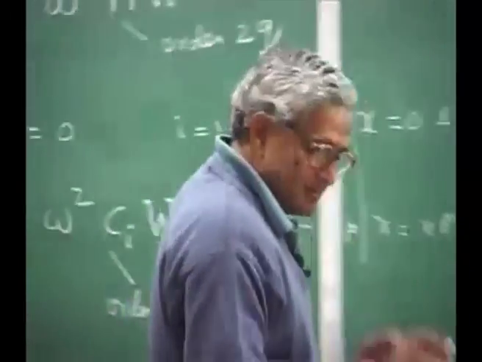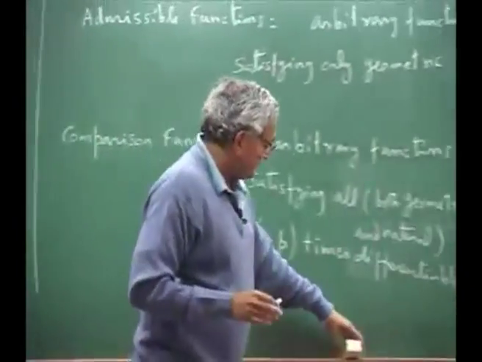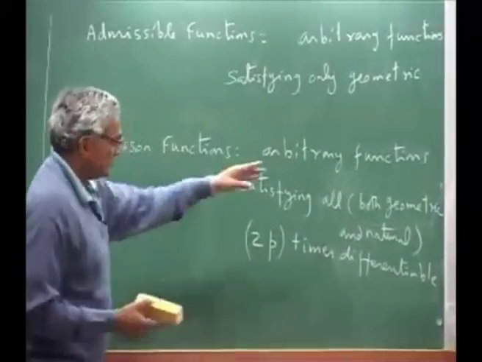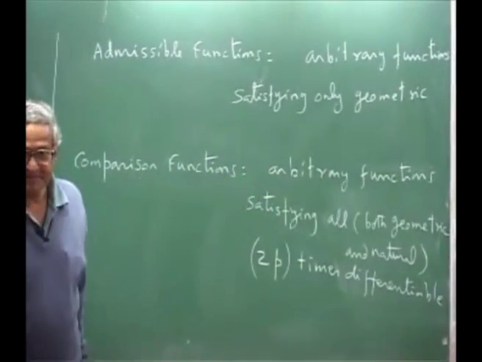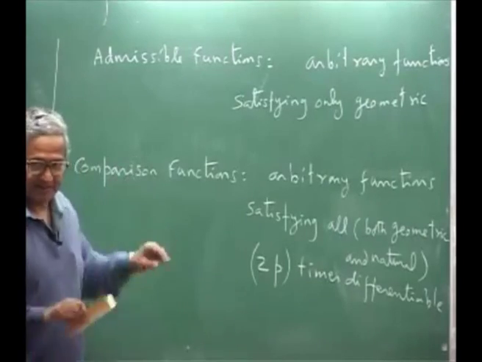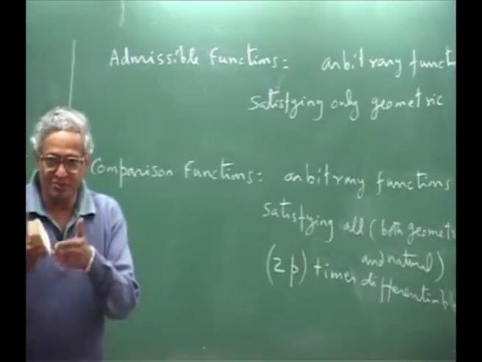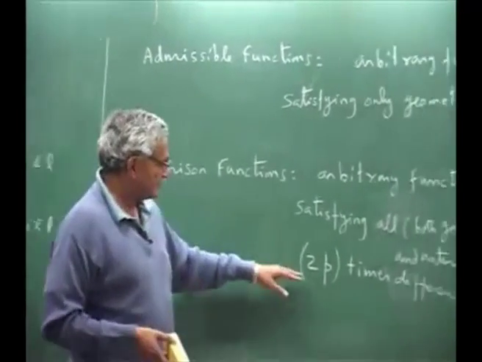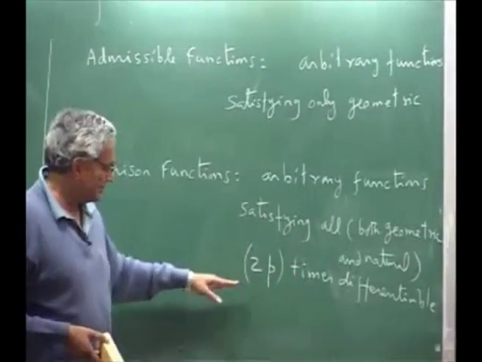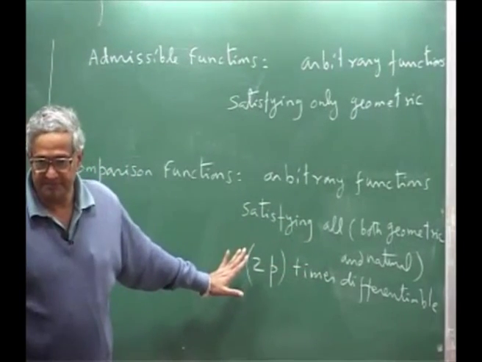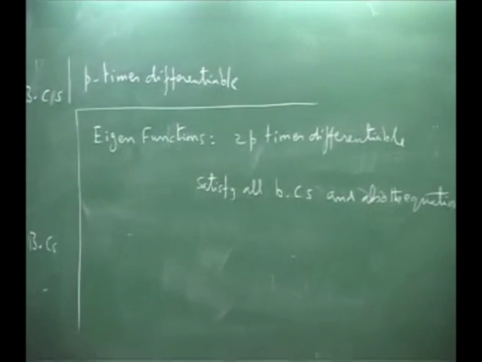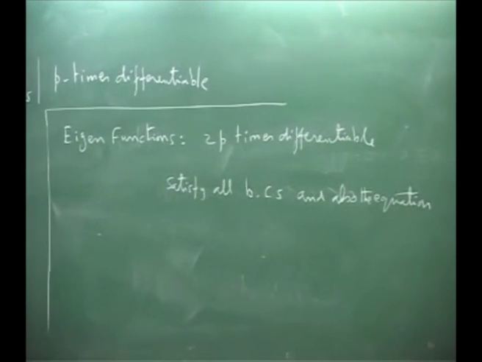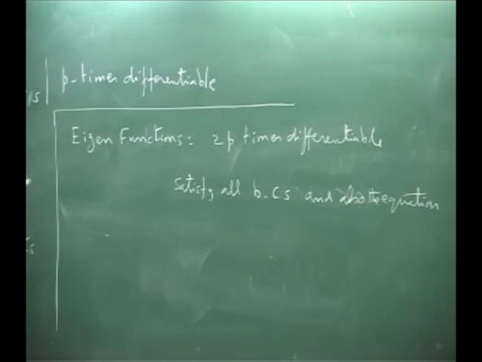Now we will not get into this. You have understood these three types of functions. Wherever I say comparison function, you immediately know that it satisfies the boundary conditions and is 2p times differentiable. If I say eigenfunction, it satisfies the equation also, because eigenfunctions have certain properties.